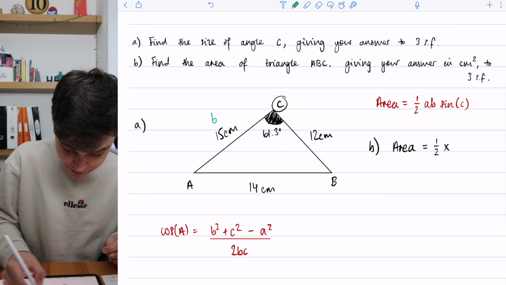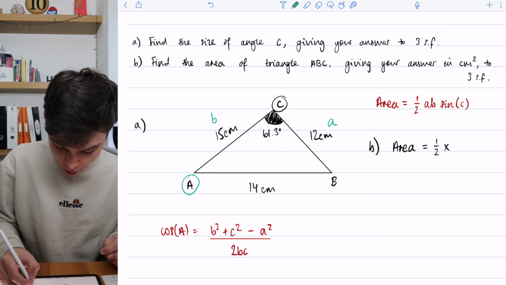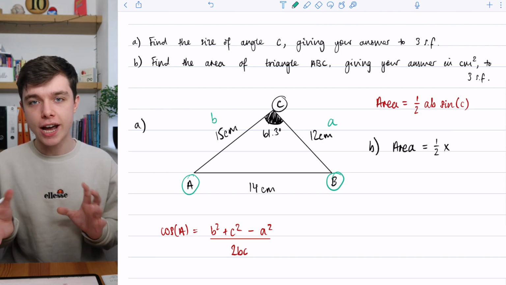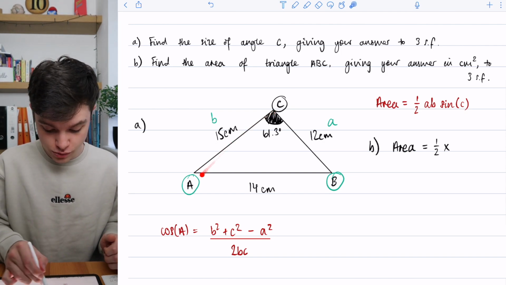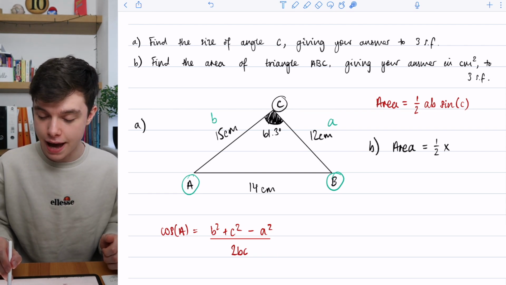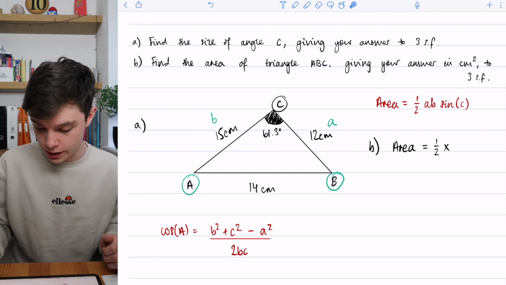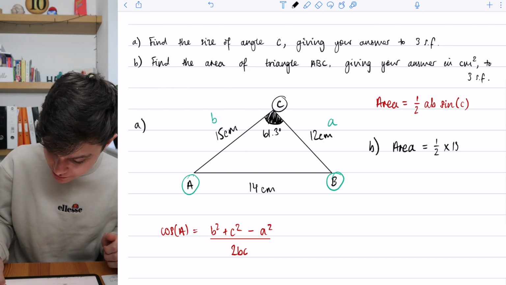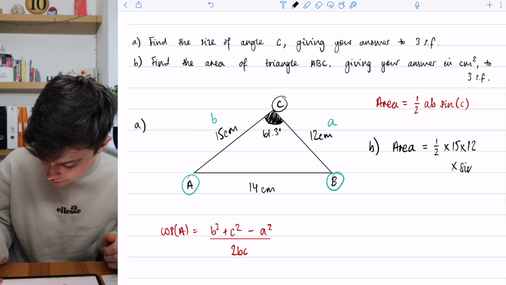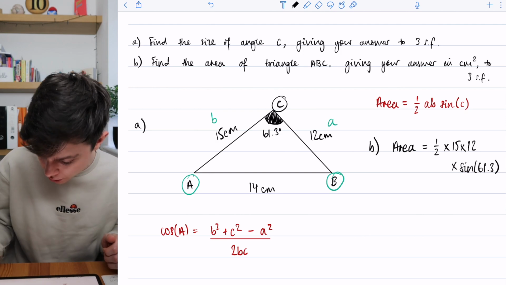This is side B and that's side A because they're opposite the angles there. But even if it's not, you can interchange the letters. It's basically two sides with the angle between them. These are your two sides multiplied together, and then C is the angle between them. So a half times 15 times 12 times sine of 61.3.